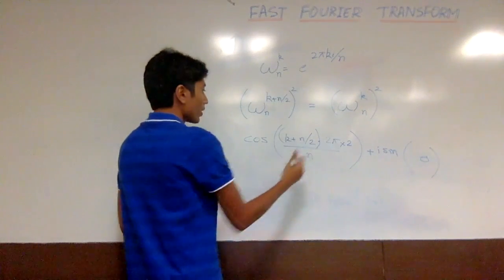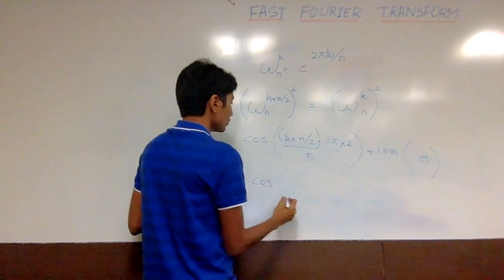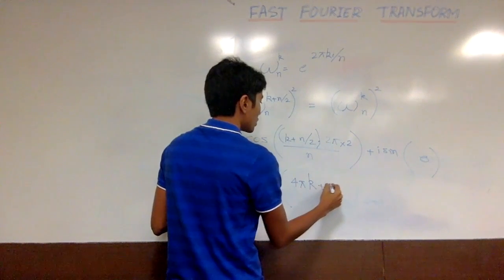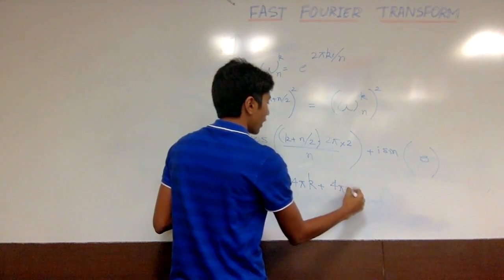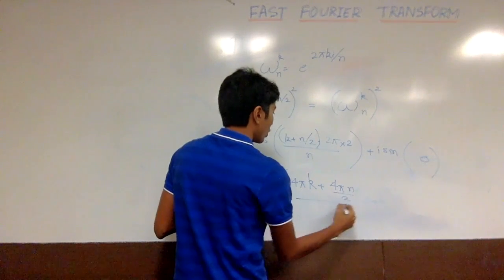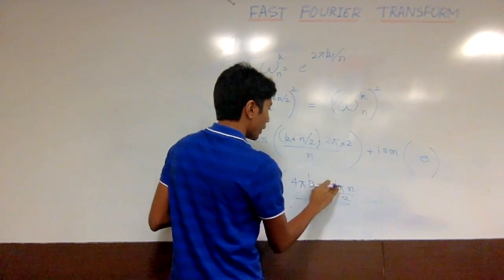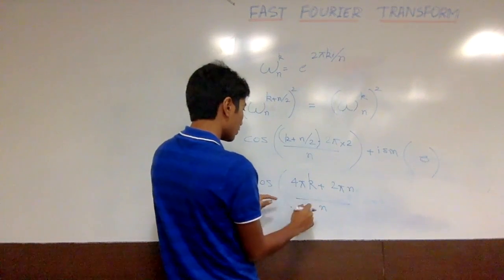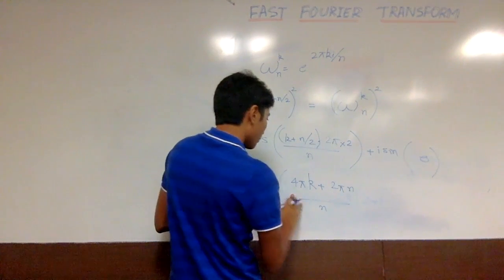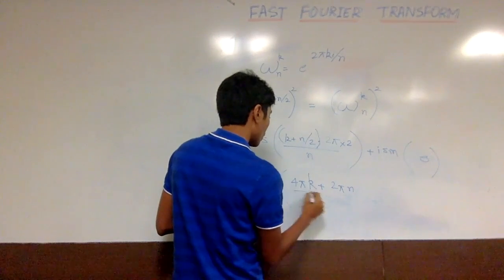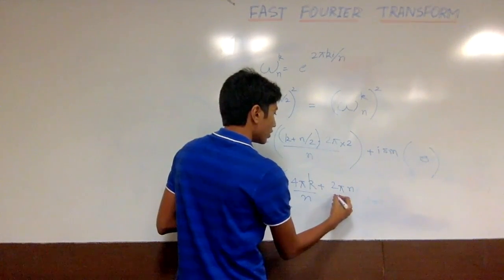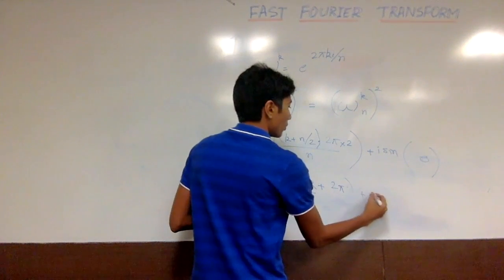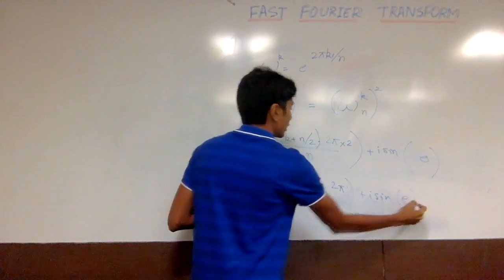This term evaluates to 4 pi k plus 4 pi n by 2, upon n. Now the n by 2 term becomes 2 pi because of the cancellation of numerator and denominator. This becomes 4 pi k by n, plus i sine theta.